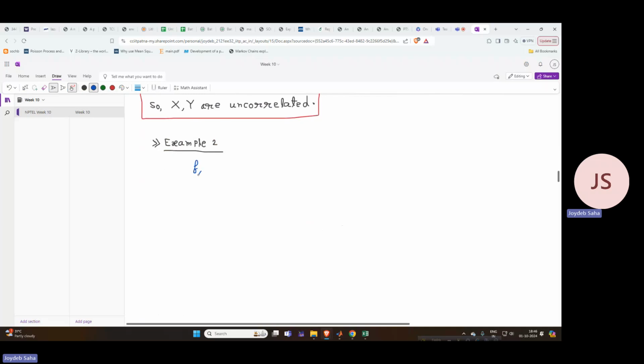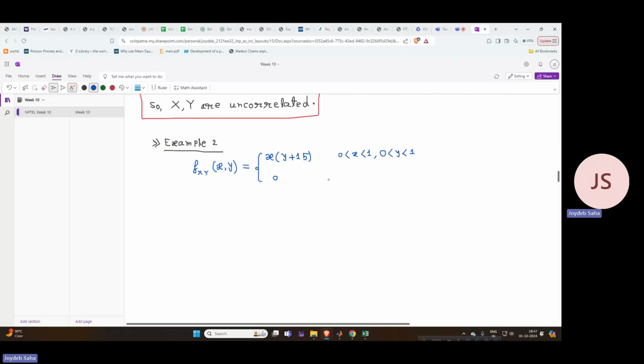The joint density of xy is equal to xy plus 15, for 0 less than x less than 1 and 0 less than y less than 1.